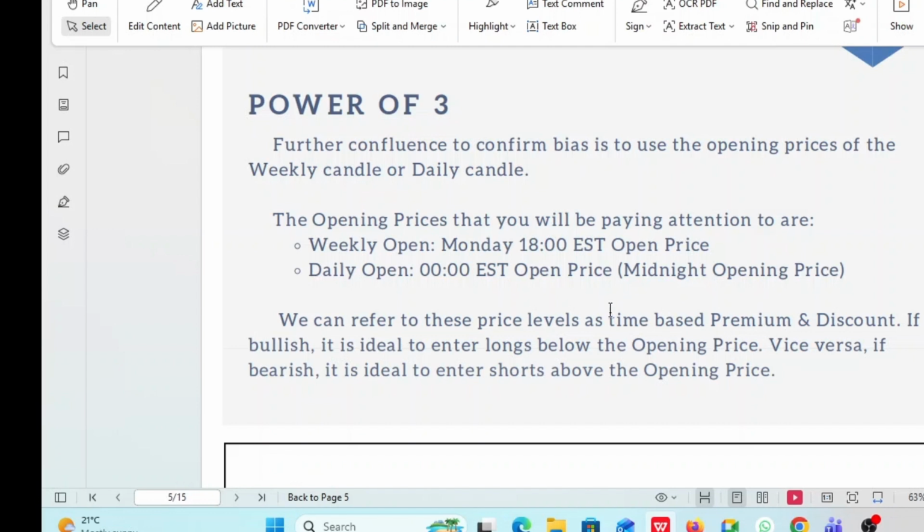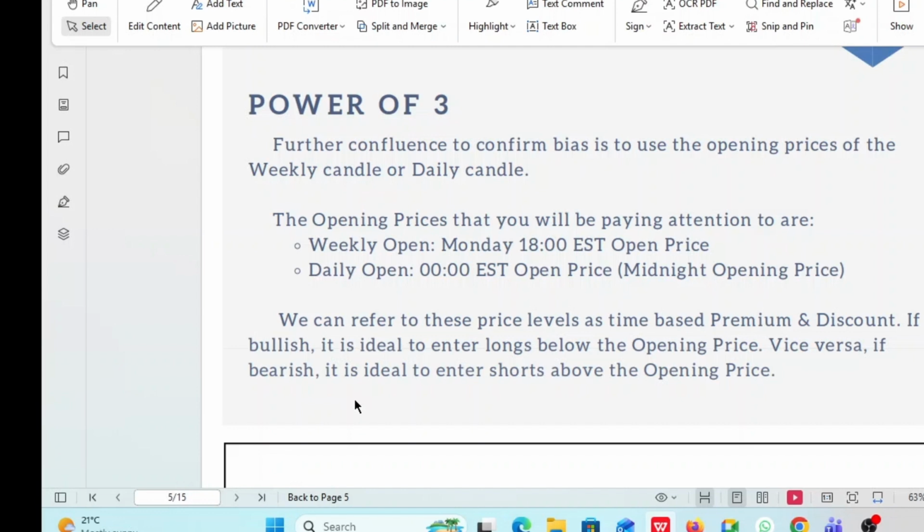We can refer to this price level as the time-based premium and discount. If bullish, it is ideal to enter long below the opening price and vice versa. If bearish, it is ideal to enter short above the opening price.